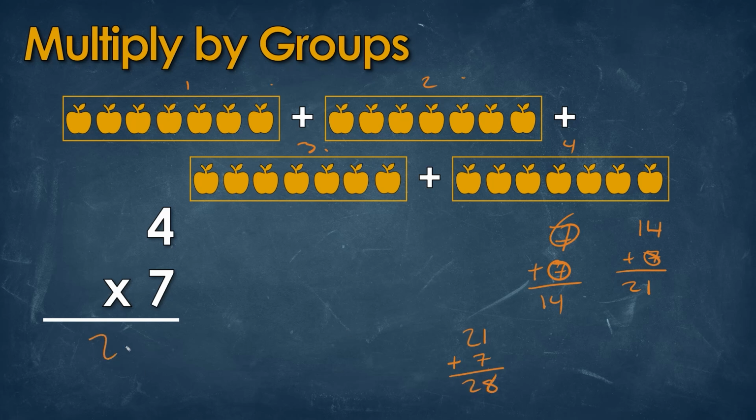We added 1, 2, 3, 4 sevens together. Now we could also just add the individual apples. We can go 1, 2, 3, 4, 5, 6, 7, 8, 9, 10, 11, 12, 13, 14, 15, 16, 17, 18, 19, 20, 21, 22, 23, 24, 25, 26, 27, 28. And we got the same number.